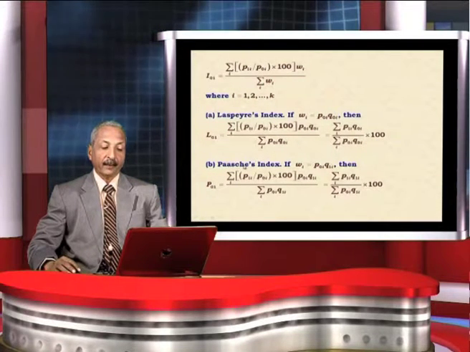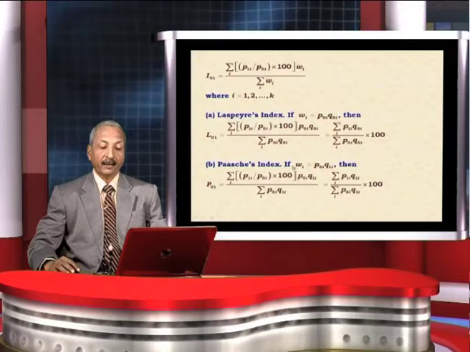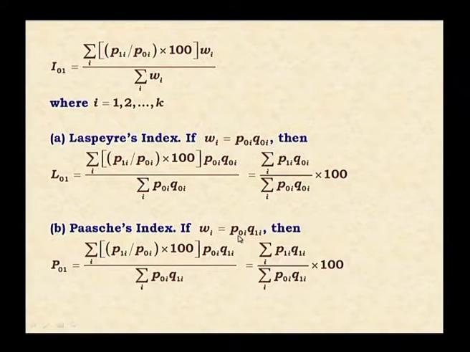In case of the Paasche index number, we take the value of Wi equal to P0i times Q1i, and the formula given by Paasche we denote here by P01, and on simplification this gives sum of P1i times Q1i divided by sum of P0i times Q1i multiplied by 100.